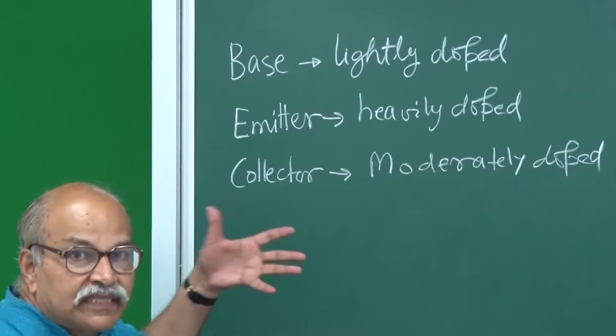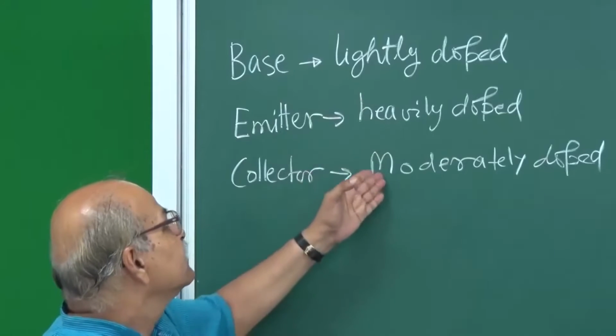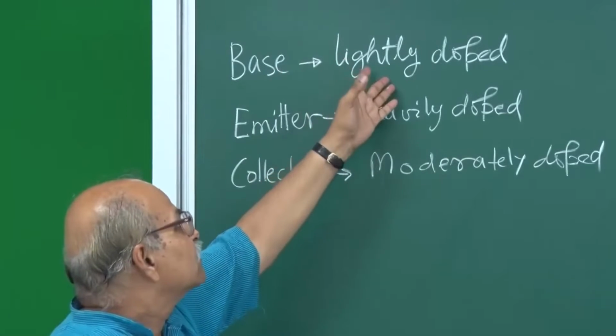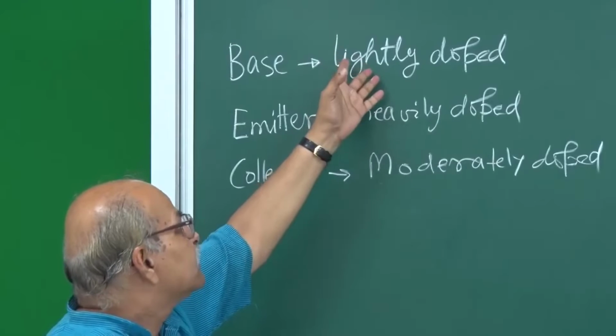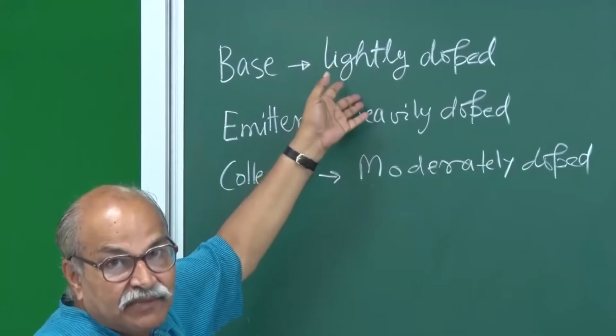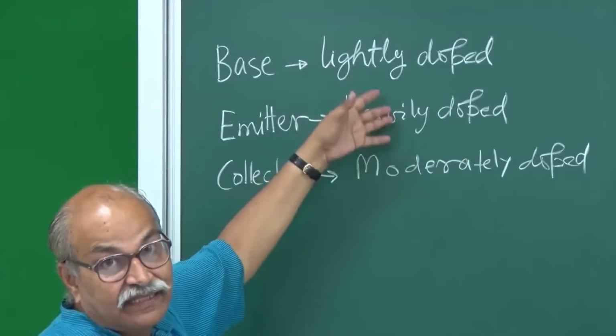So the doping concentrations are different for these three. Base is very lightly doped. The concentration of impurities in the base will be, say, 5 to 10% of that in the emitter, and the collector will be a little less than that.